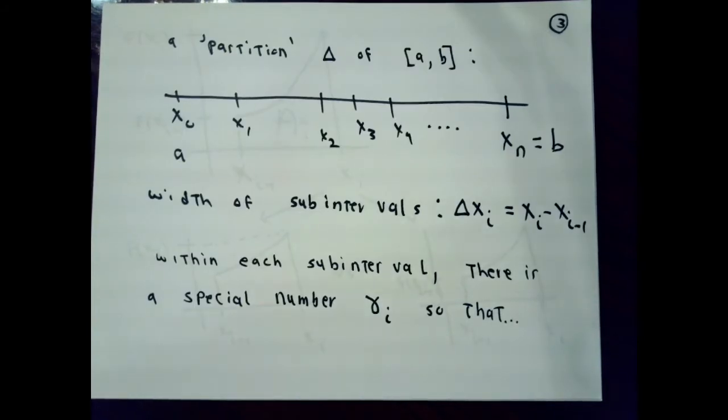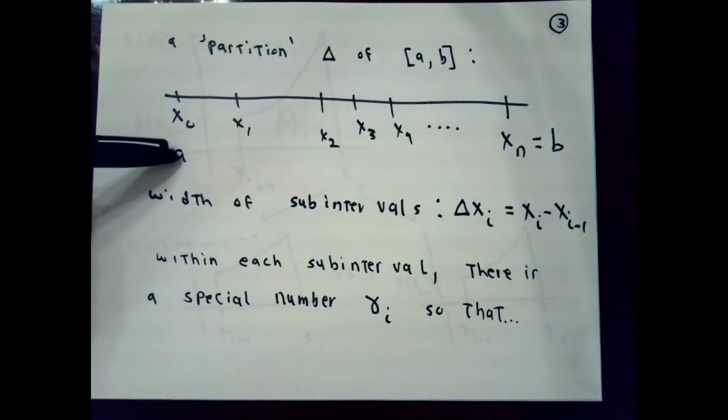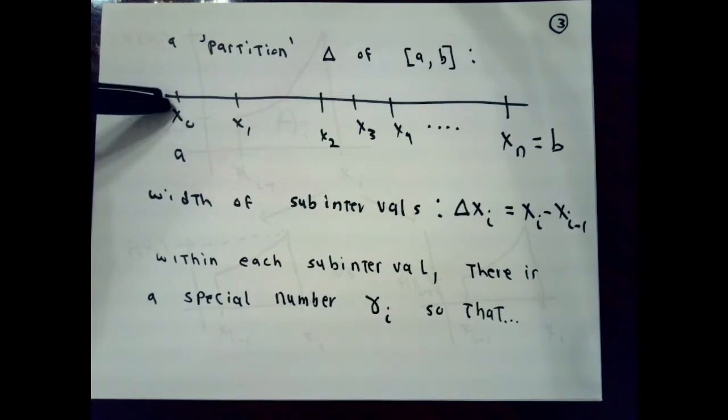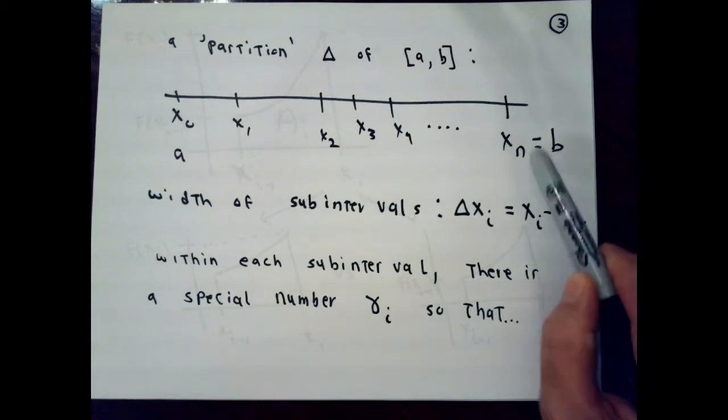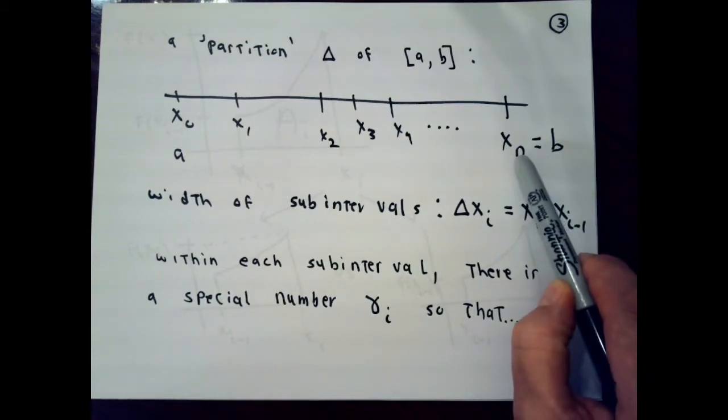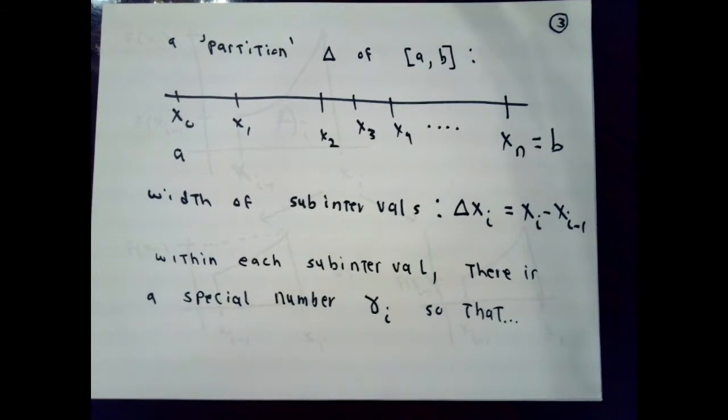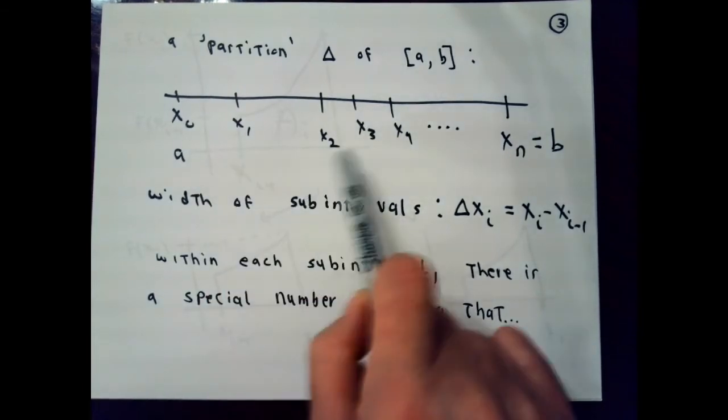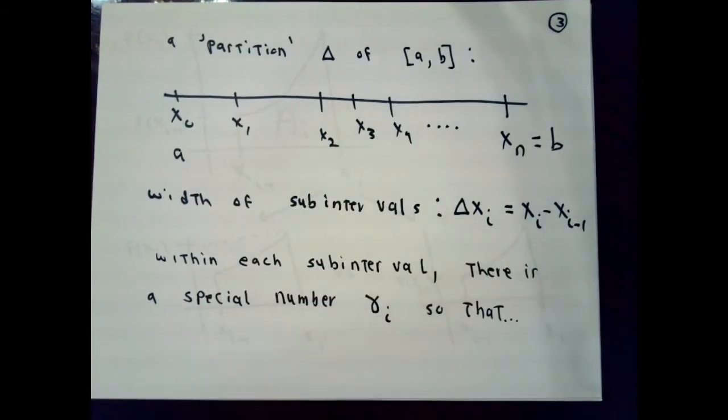When we say that we're going to form a partition of the interval from a to b, what I mean by that is I'm going to start at a, which I'll call x number 0, and having selected some positive whole number n, I'll call b x number n. In the middle, I'll have x1, x2, x3, x4, and so on, which get steadily bigger as you increase the index.